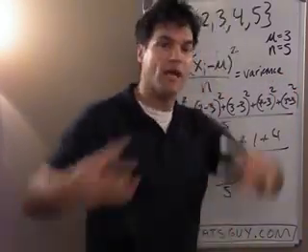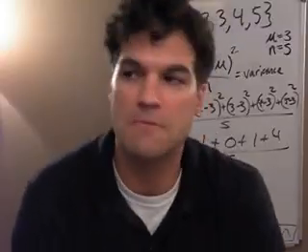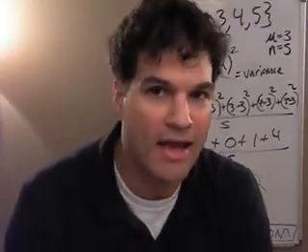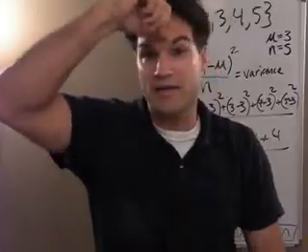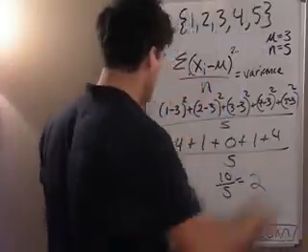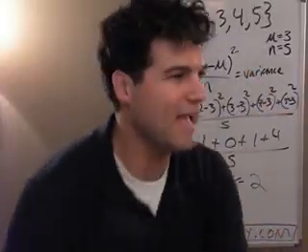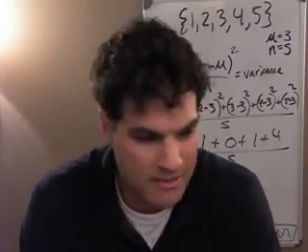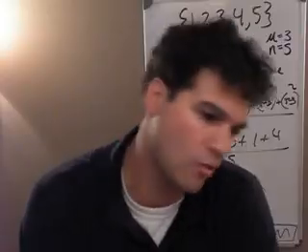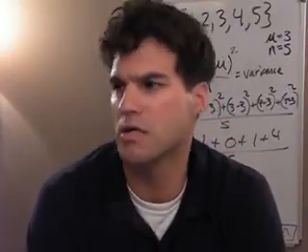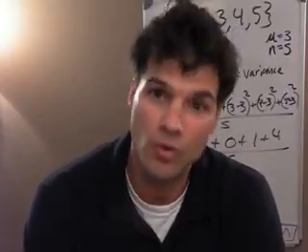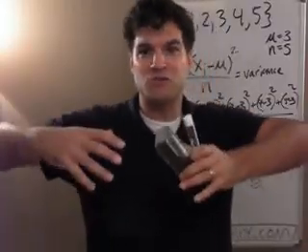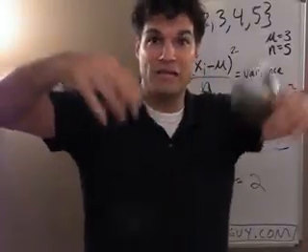Now remember, I said we're trying to find this average distance to the mean. And right now I have the average squared distance to the mean. What can you do to the average squared distance to the mean to get the distance to the mean? What can you do to something that's squared to kind of unsquare it? Square root. When you take the square root of something squared, you get it again.